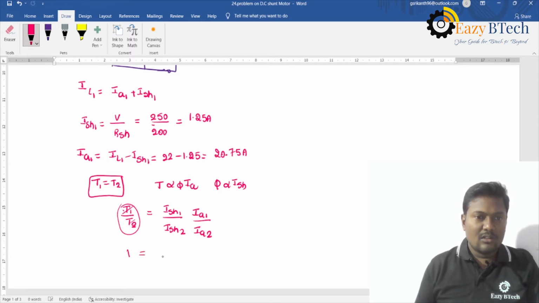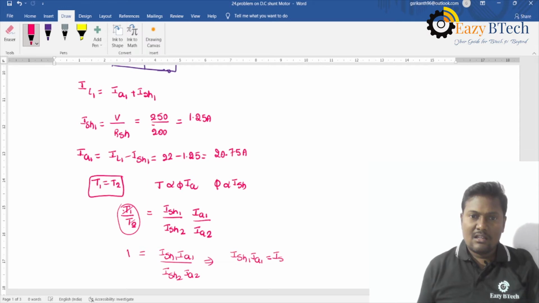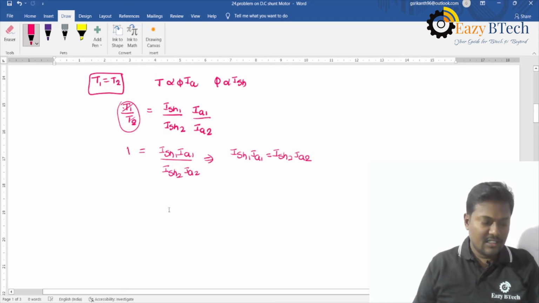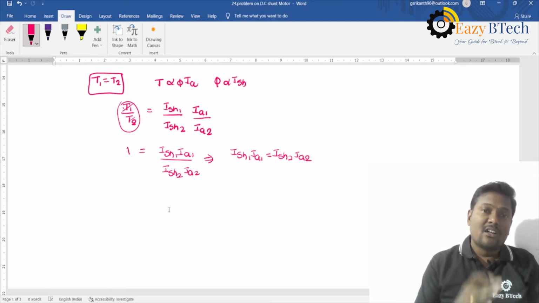So 1 is equal to ISH1 Ia1 divided by ISH2 into Ia2. From this we can write ISH1 into Ia1 is equal to ISH2 into Ia2. This is one of the important equations. You should remember that when it is clearly mentioned that the torque is constant, torque is directly proportional to flux into Ia.